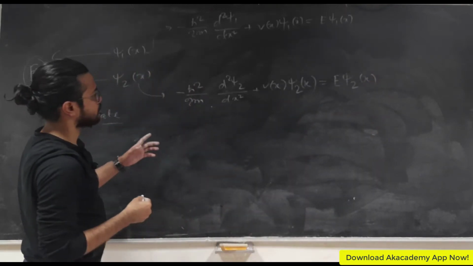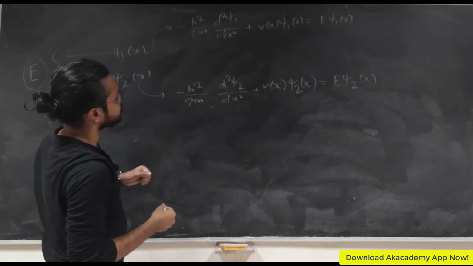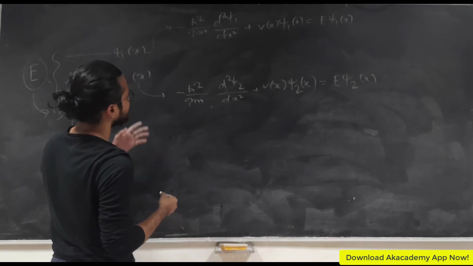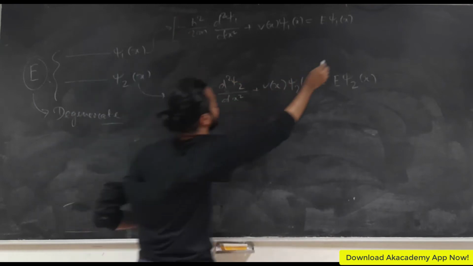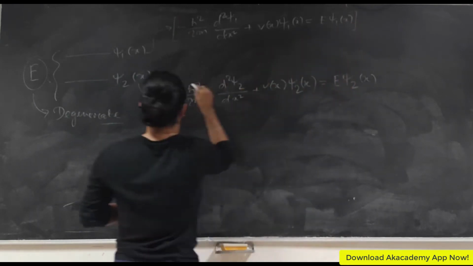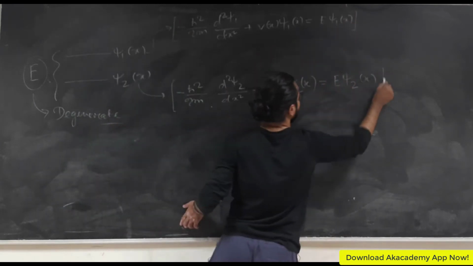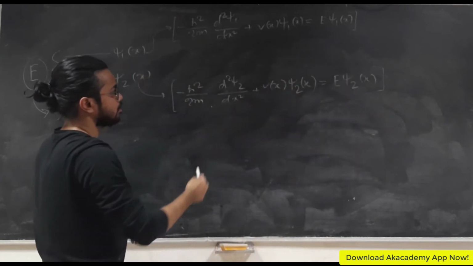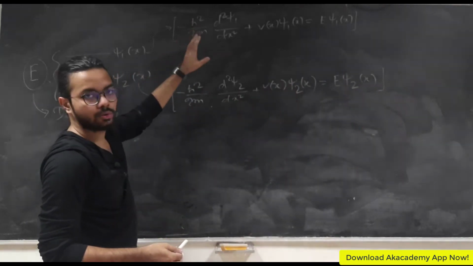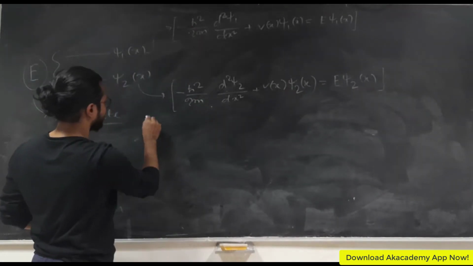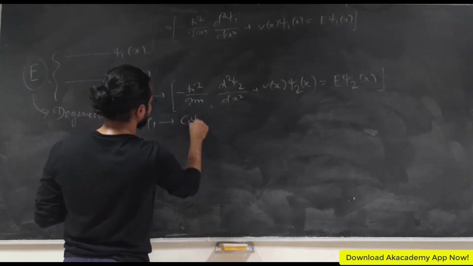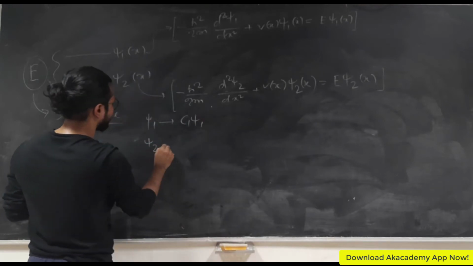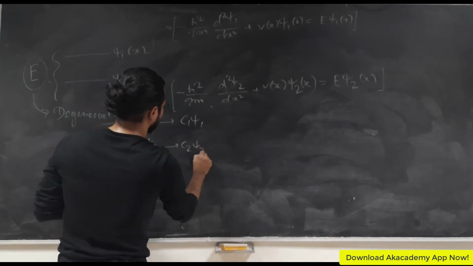Now you can see that we can simply multiply this whole equation by some constant and the other equation by another constant, and we can add them. So let's take this transformation, that psi1 is c1 psi1 and psi2 is c2 psi2.